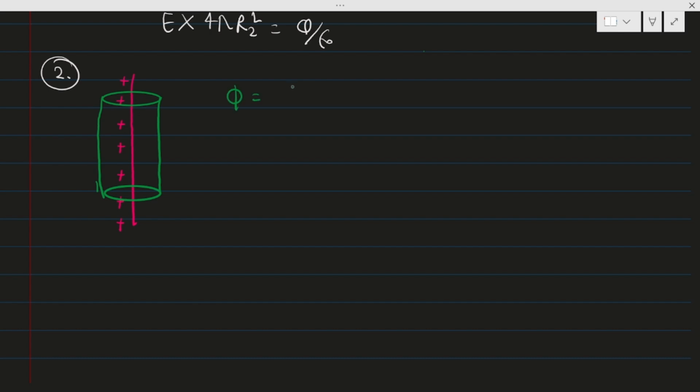According to Gauss's law, the closed surface integral of E dot dA is equal to the charge inside it, since we are talking about a closed surface, over epsilon naught.